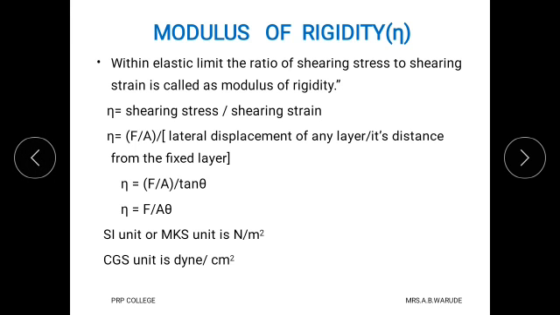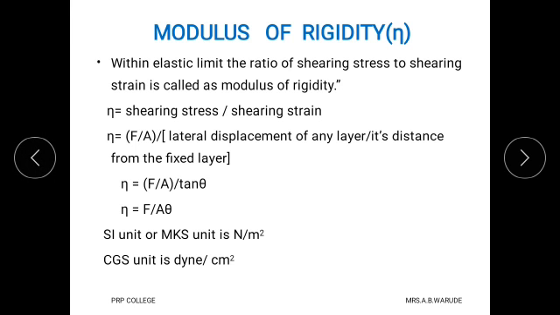rigidity, and the symbol used to denote modulus of rigidity is eta. If we take the ratio of the third type of stress and third type of strain, that is shearing stress and shearing strain, and if the load applied is within the limit, then that ratio is called modulus of rigidity.